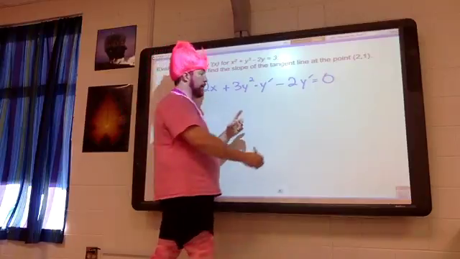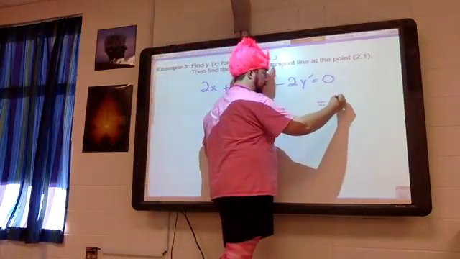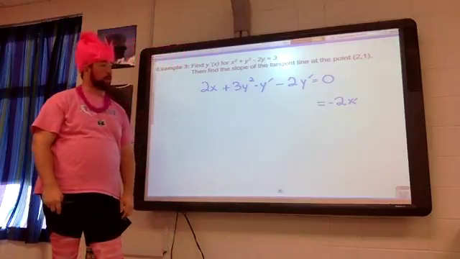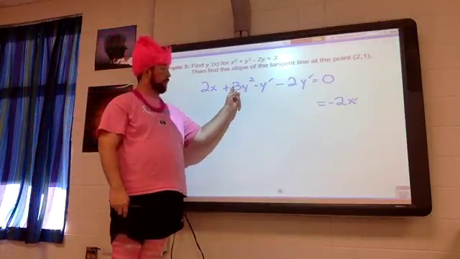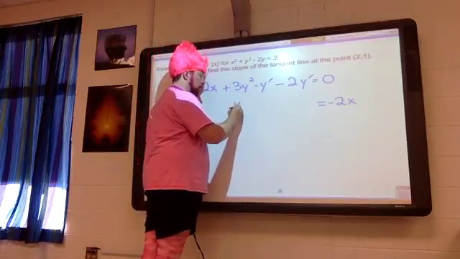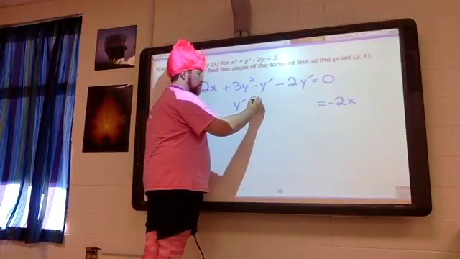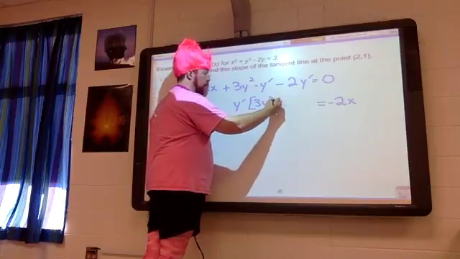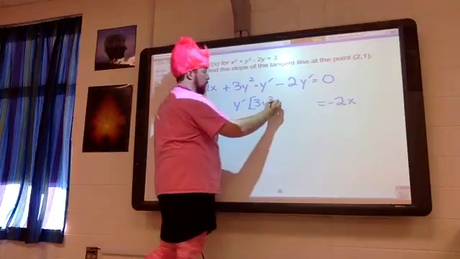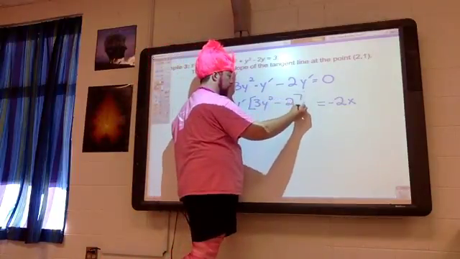So I'll subtract the 2x, which will give me a negative 2x. That term is gone, so I can factor out the y prime, which would leave me with 3y squared minus 2, if I've done it correctly.